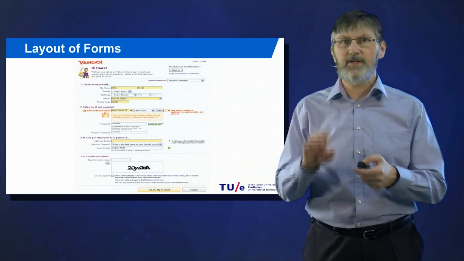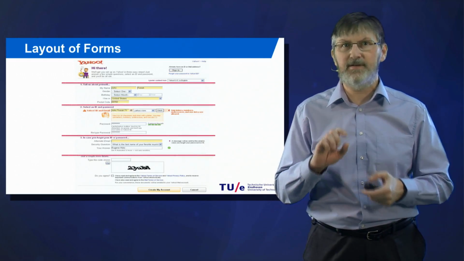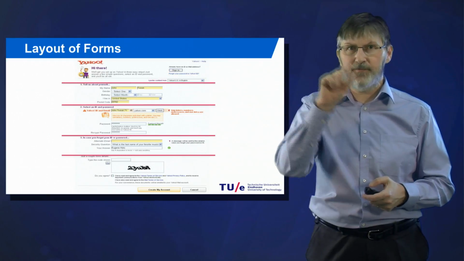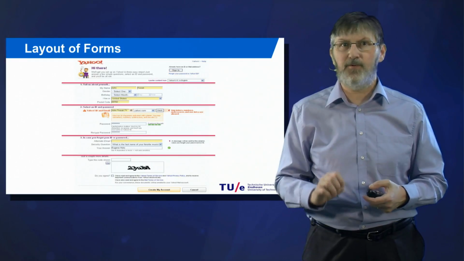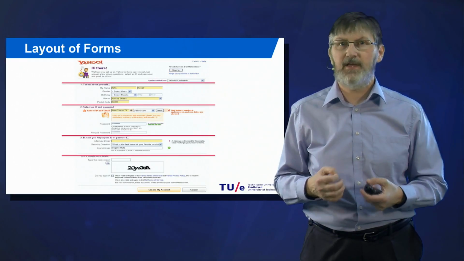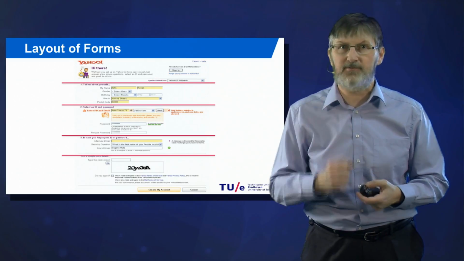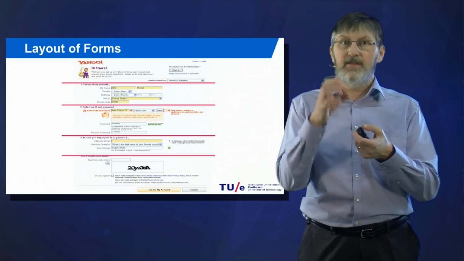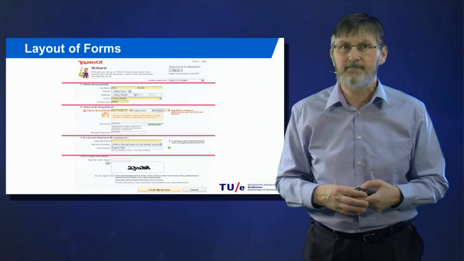Here we see an example of a form that you're not supposed to be able to read, but what this form shows is that it is divided into different sections. So the structure of the form should be such that items that belong together, for instance, name and address information, should be clearly grouped and separated from the rest.